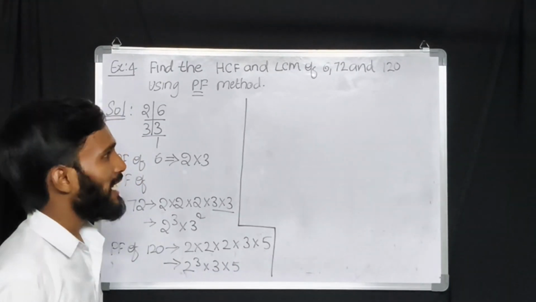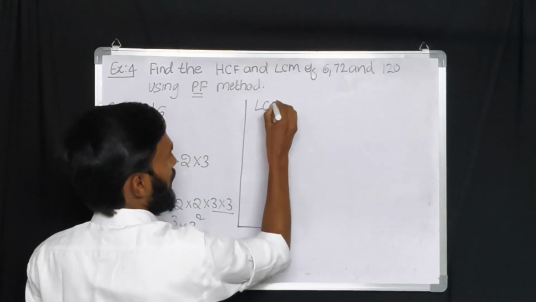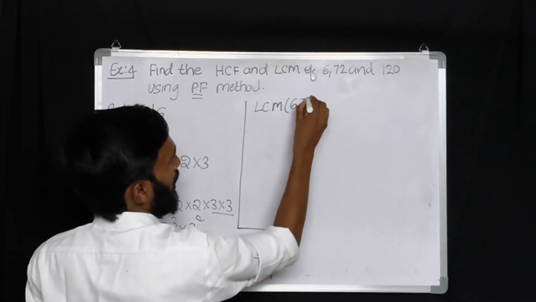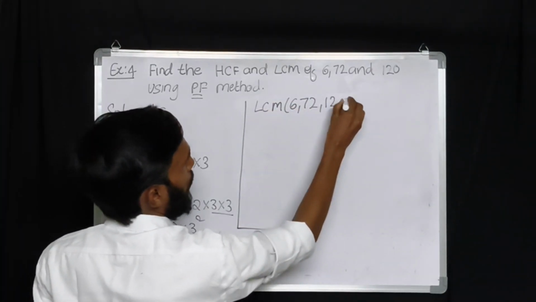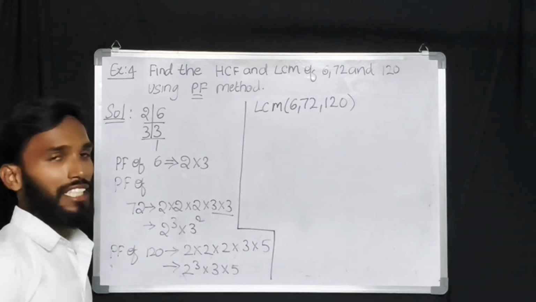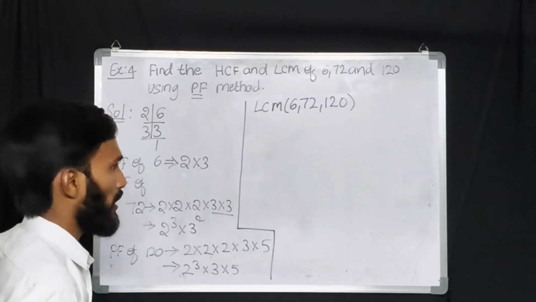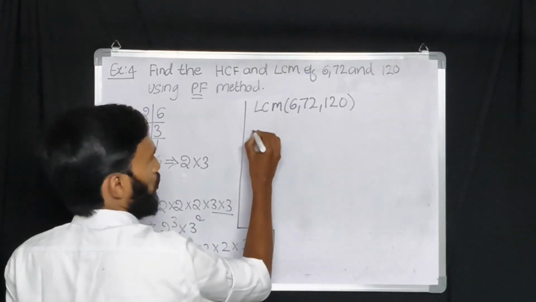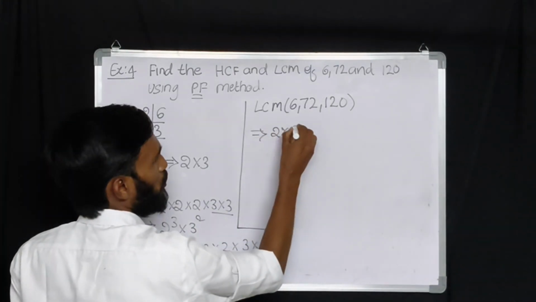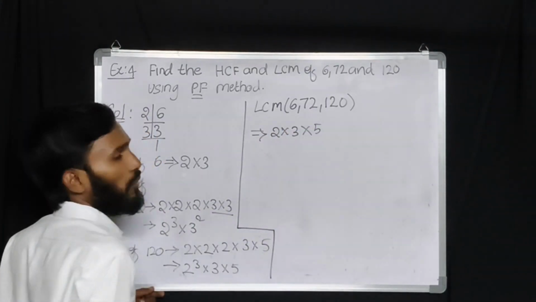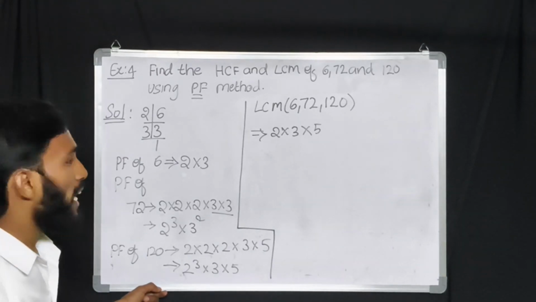Now, the task is to find out the LCM of 6, 72, 120. What I said while writing LCM: the least common multiple with highest powers. First write the numbers you got as factors: 2 into 3 into 5. Now write the common multiple with the highest power.